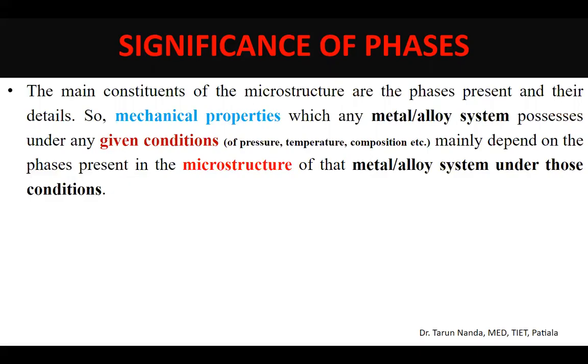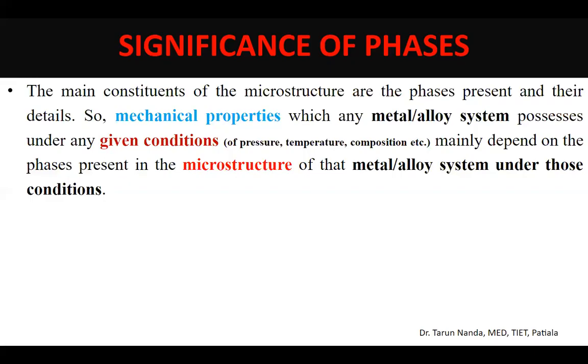What we need to understand is point number one: what type of microstructure gives what type of mechanical properties. And after having gained that knowledge, we need to understand how we get a particular type of microstructure.